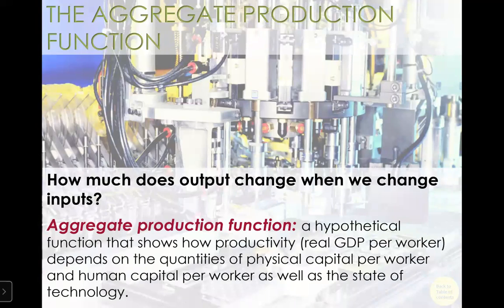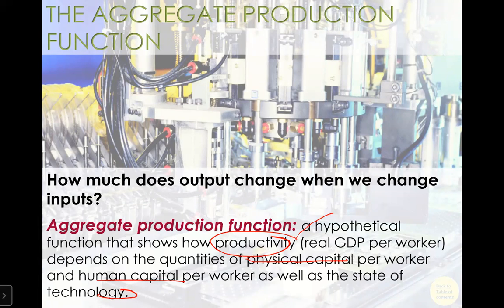Given those important things, actually we talked about 4 maybe, we are going to look at an aggregate production function. Essentially this is a hypothetical function that shows how productivity, which is what we really care about, depends on the quantity of physical capital, human capital, and technology. Productivity is our goal, the way to measure economic growth.